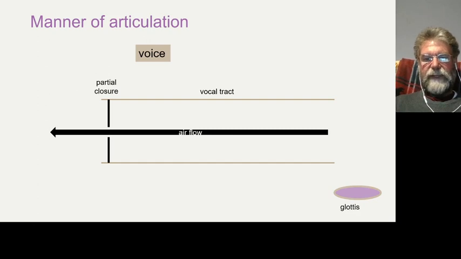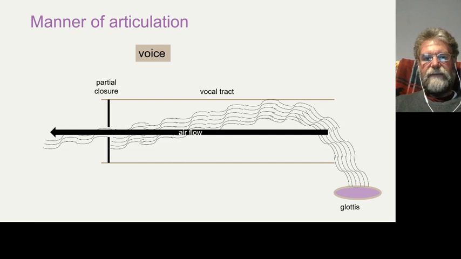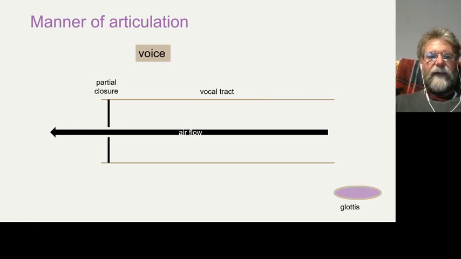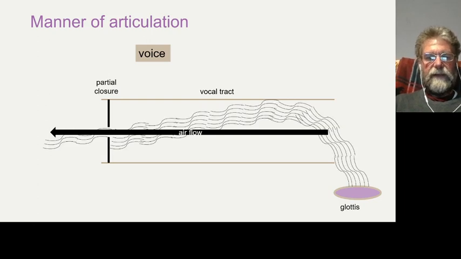So when you vibrate your glottis, you produce this voice, and that accompanies the hissing sound that you've got with the fricative friction. So for example, if s is a fricative without vibrating the glottis, then z is a fricative when you do vibrate your glottis. So we've got the difference between s and z.